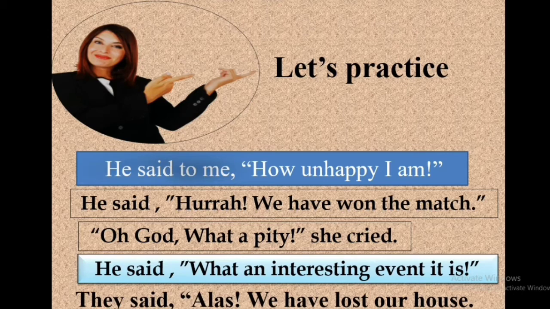The first one: He said to me, "How happy I am." The second one: He said, "Hooray, we have won the match." The third one: "Oh God, what a pity," he cried. The fourth one: He said, "What an interesting event it is." The fifth one: They said, "Alas, we have lost our house."